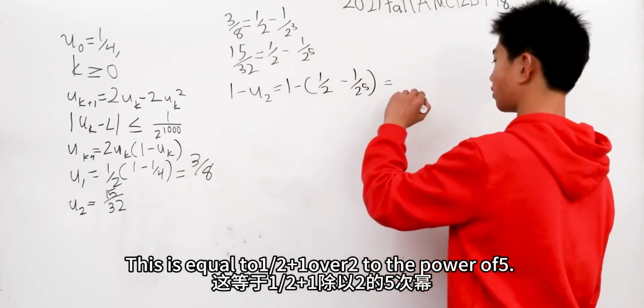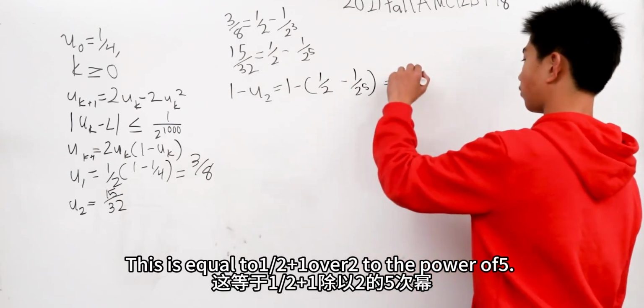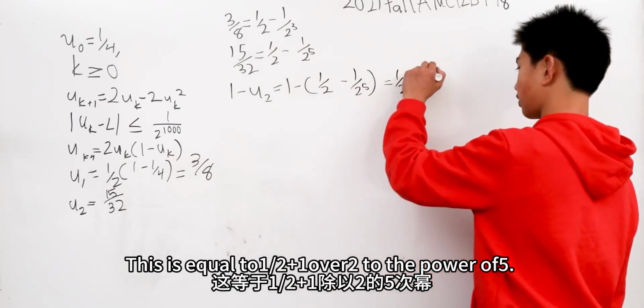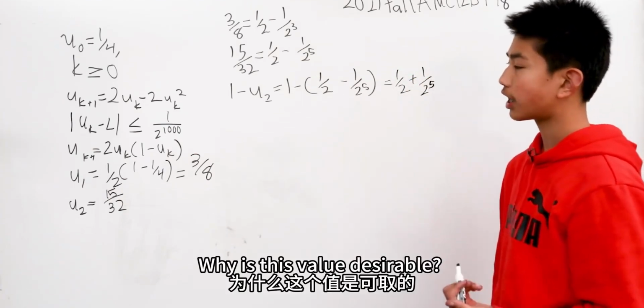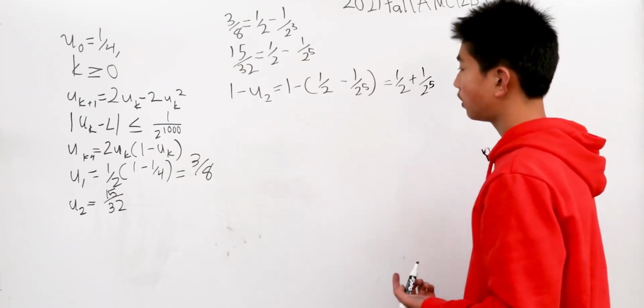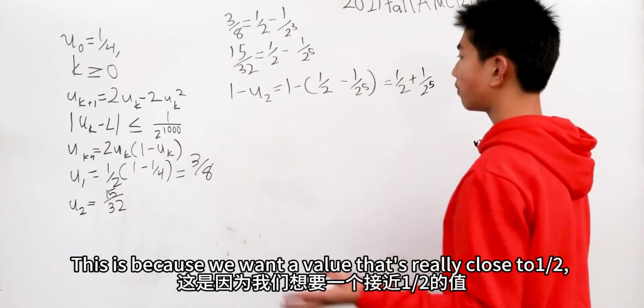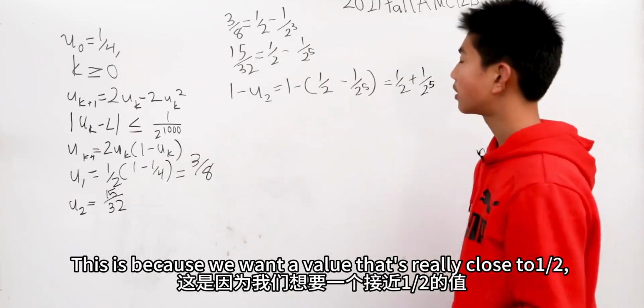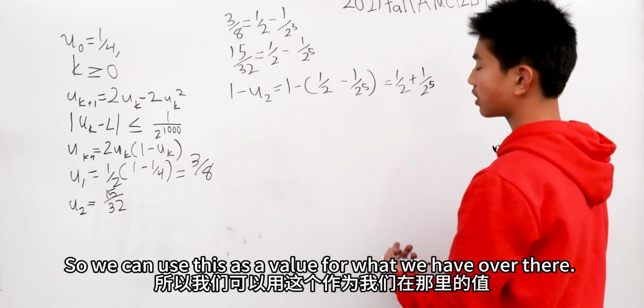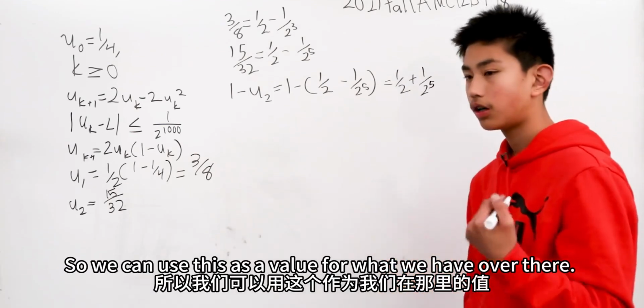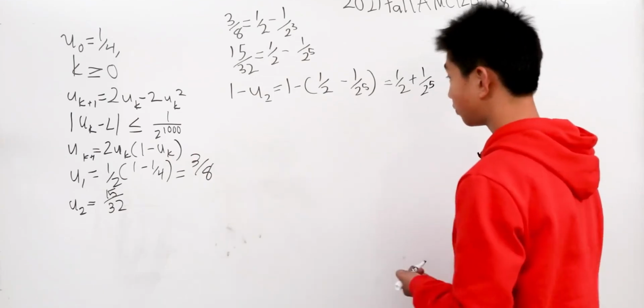This is equal to 1/2 plus 1 over 2 to the power of 5. And why is this value desirable? Well, this is because we want a value that's really close to 1/2, and it gets infinitely close to it, so we can use this as a value for what we have over there.